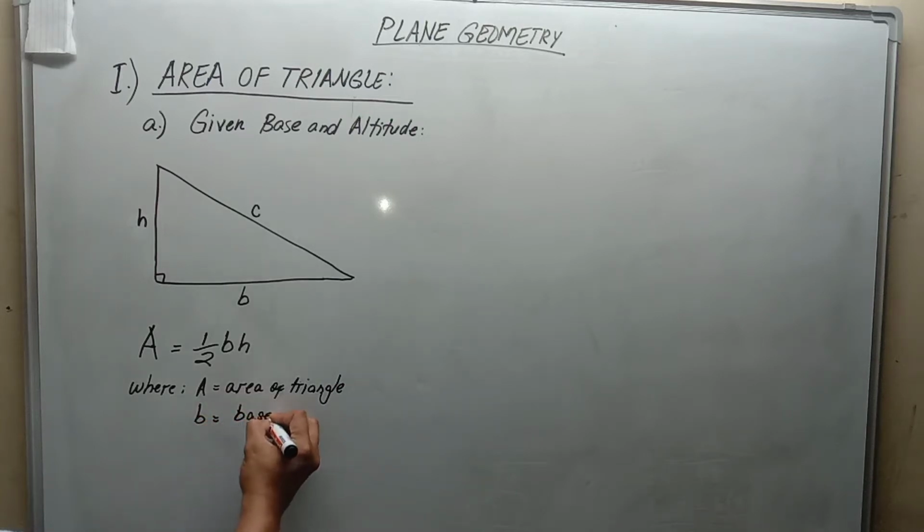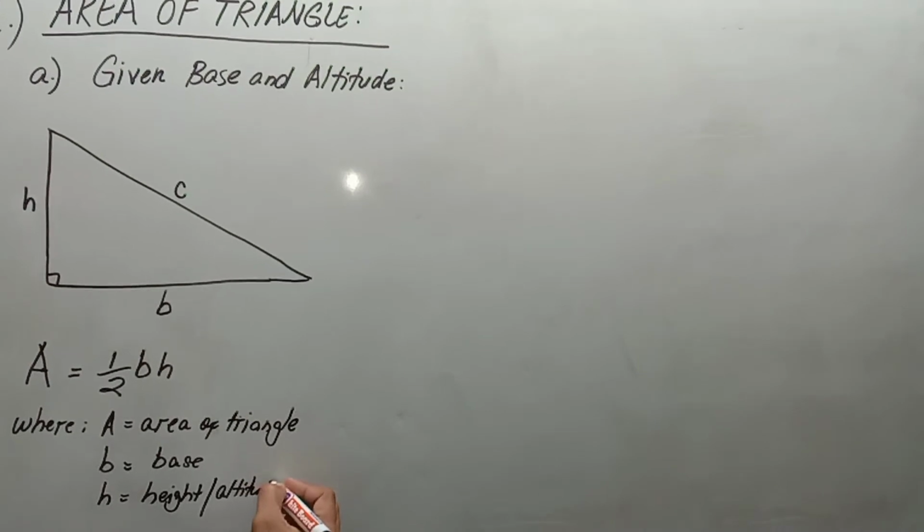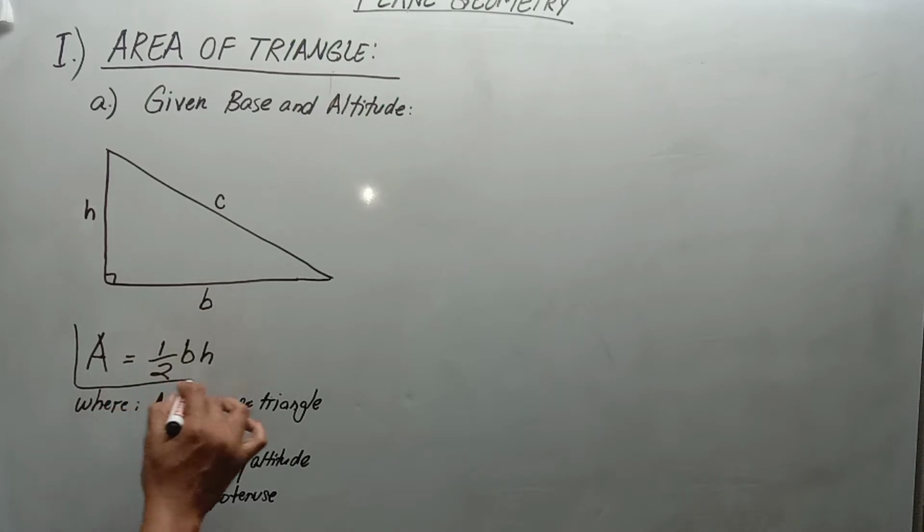H is the height or altitude. Okay. And C is the hypotenuse. Okay. So this is the basic equation, guys, on how to solve the area of a triangle.